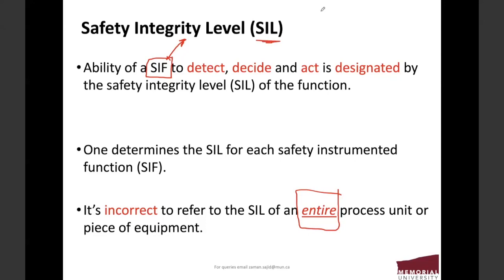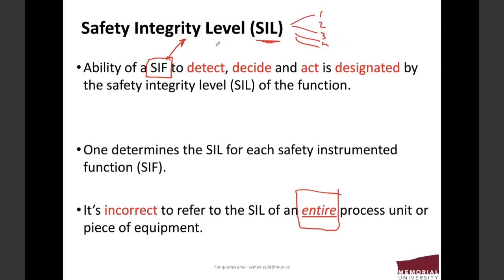There are 4 levels basically: 1, 2, 3, 4. So one more time, I will repeat it myself. Your safety instrumented function is represented using safety integrity level. This is just like a unit, for example, temperature has a unit of Kelvin and so on.